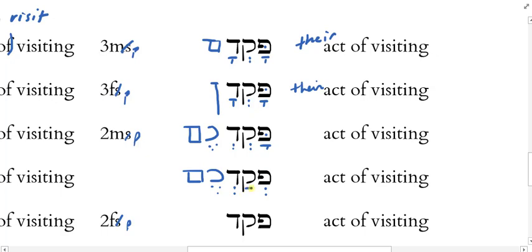So it becomes pakod-khem, kametz katuf, pakod-khem. So poke-dekhem, pakod-khem. This is your, and that's a plural you, masculine you, your act of visiting.